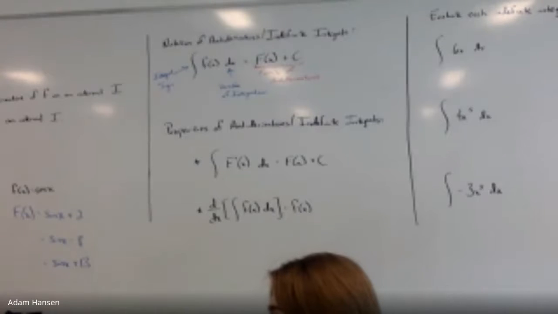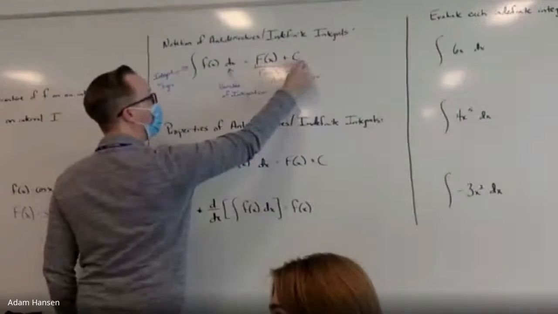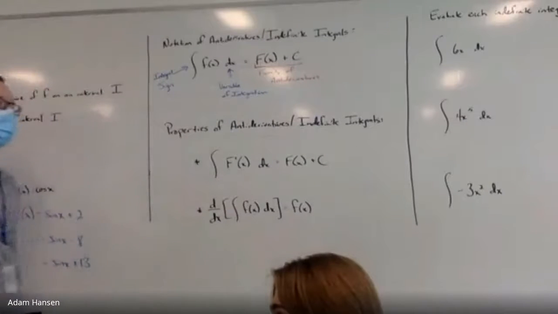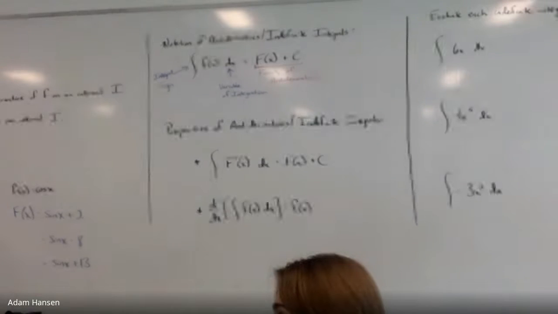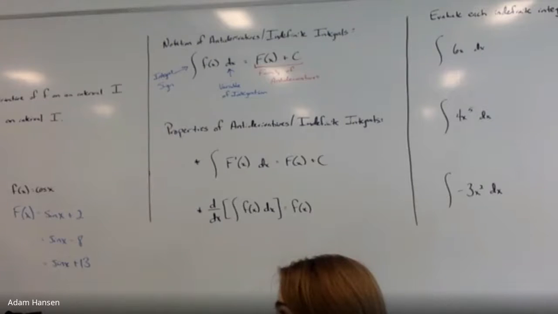Because generally speaking, c could be anything. Sometimes you might hear this called the general solution. Generally speaking, c could be anything and it would still have the same derivative. c could be any constant.